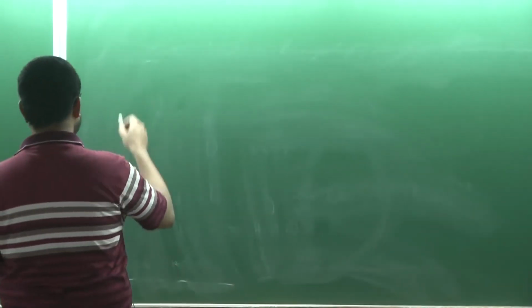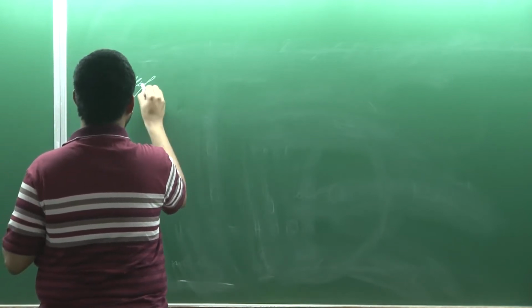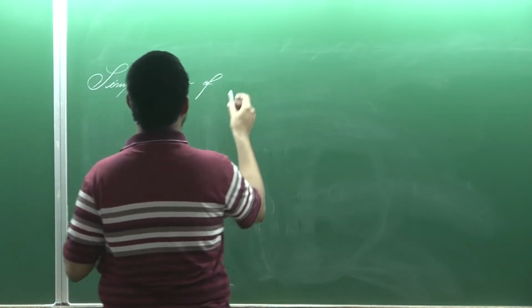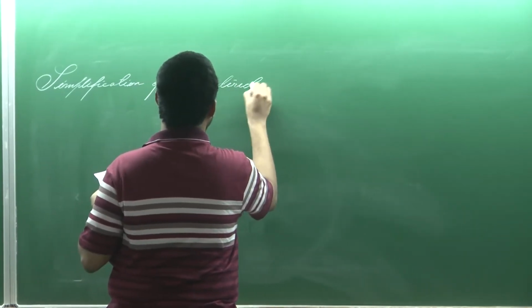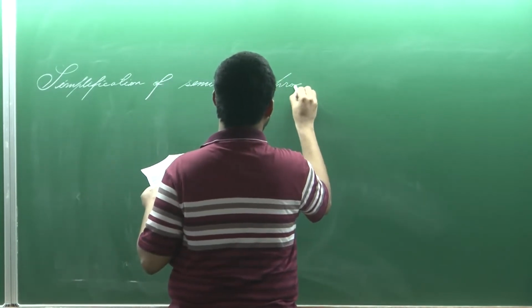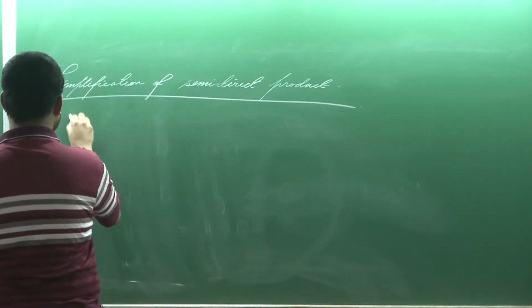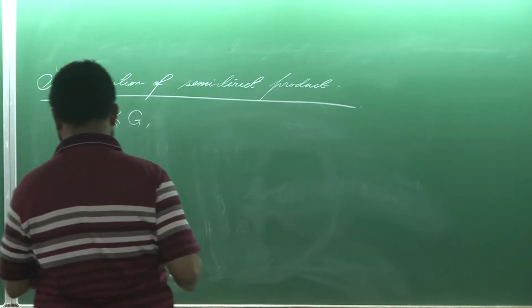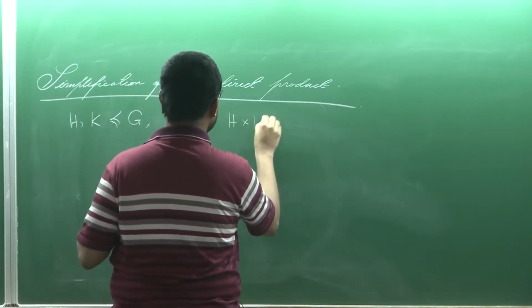As I said, we will simplify the semidirect product. Simplification of semidirect product: suppose we are given a group G and two characteristic subgroups H and K, and suppose we have this isomorphism.